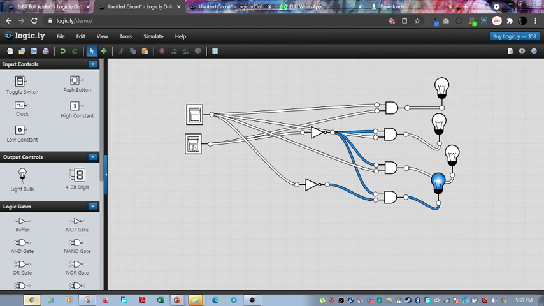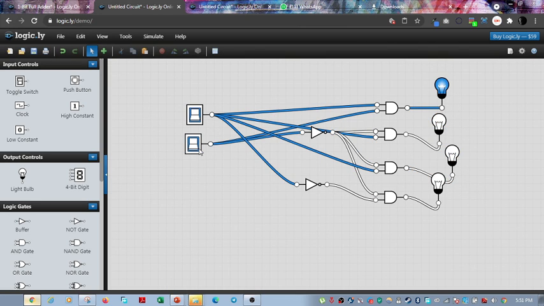And when it is 0 1 in the input, the output is 0 0 0 0. When the input is 1 0, the output is 0 1 1 0. When the input is 1 1, the output is 1 0 0 0.